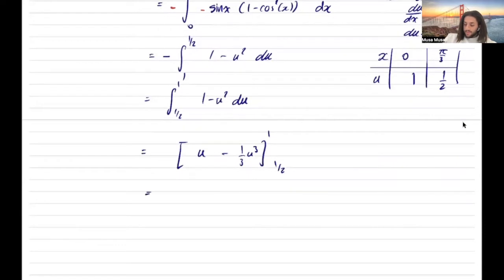Subbing in, we get 1 minus a third, minus, a half minus a third of a half cubed. So 2 over 3 minus a half plus a third times an eighth, 1 on 24. Adding these all together, 16 minus 12 is 4, 4 plus 1 is 5, so 5 on 24. There you go.